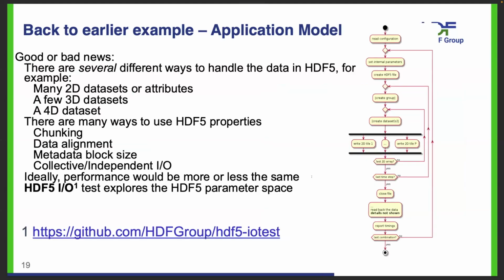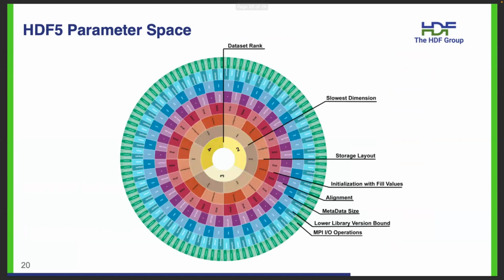So we've tried to have different ways. We came up with a program that investigates different scenarios, different performance tuning techniques that you might come across. This program basically cycles through a parameter space.